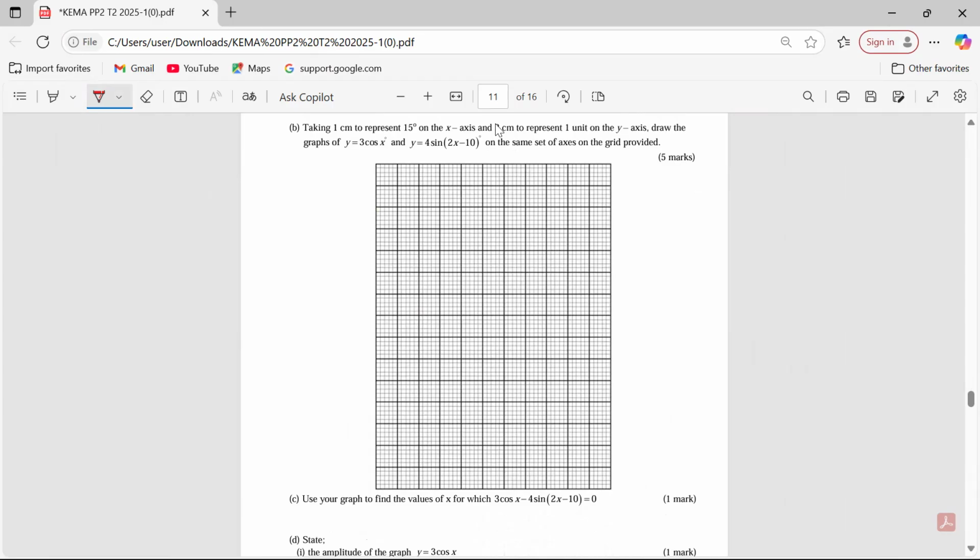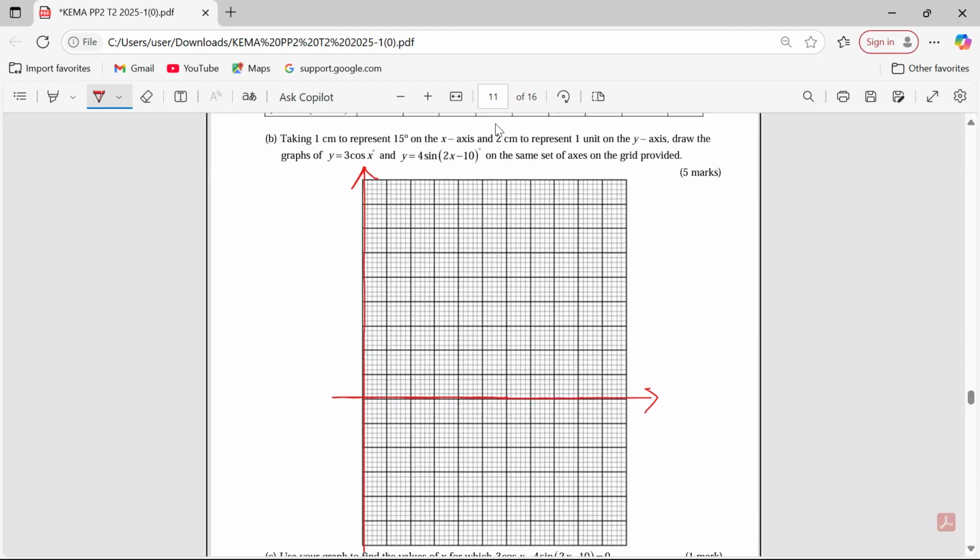So let me start by doing the axis. The vertical axis, or rather the y-axis, is here. Then the x-axis. You check the x-axis very well so that you don't misuse the space. We can place it at this point. Now with the axes like that, we can follow the instructions about the scale.